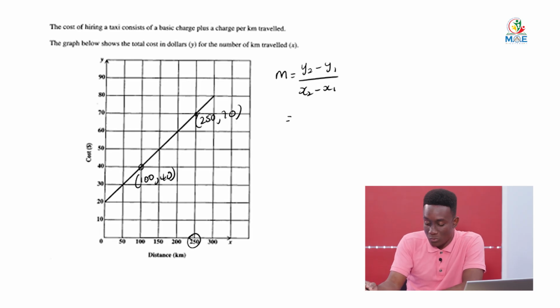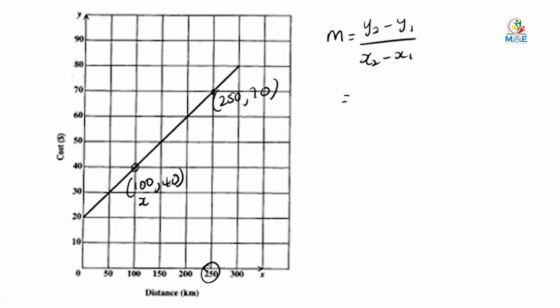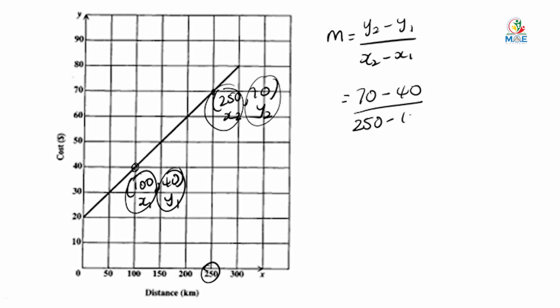I'll show you another way in which we could calculate this. This is x1, y1, and this is x2, y2. So y2 is 70, subtract y1, which is 40, all divided by x2, which is 250, subtract x1, which is 100.